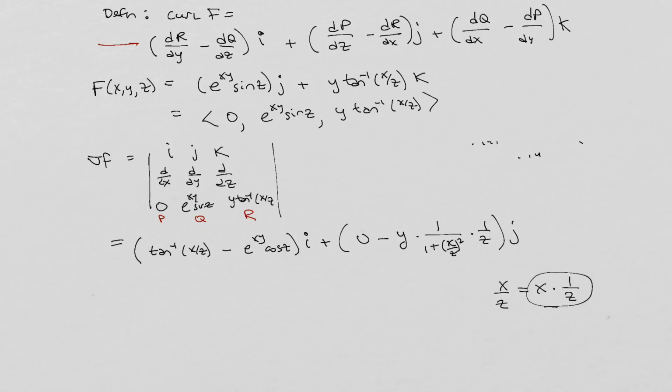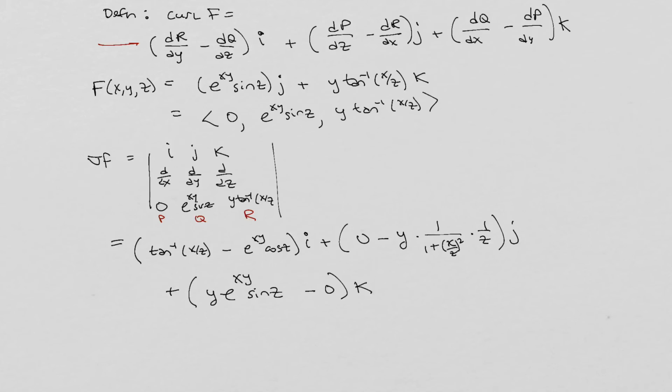Okay, so let me clean up a little of this. And then the last one is going to be the derivative of q with respect to x. So if I have e to the xy, its derivative is e to the xy times y, and then that's times sine of z. Minus the derivative of p with respect to y is just 0, and then that's times k.